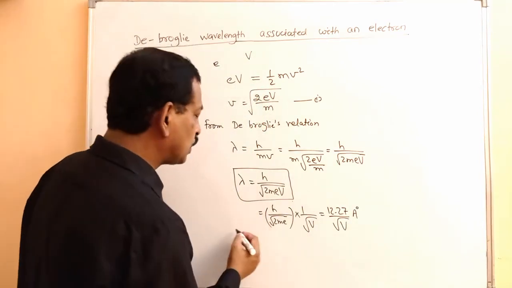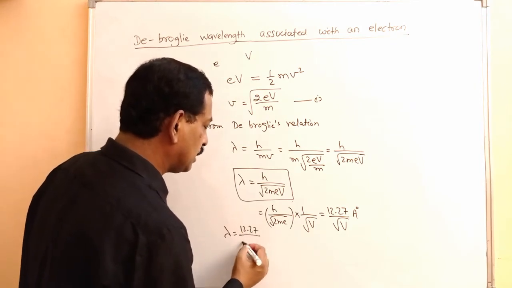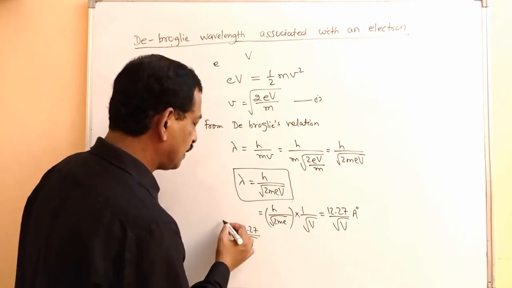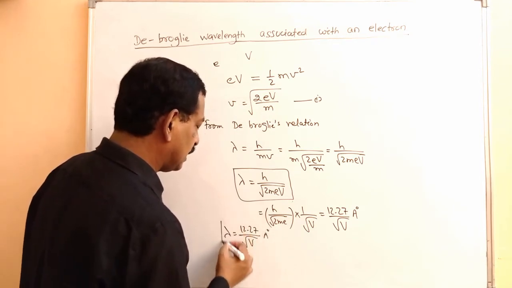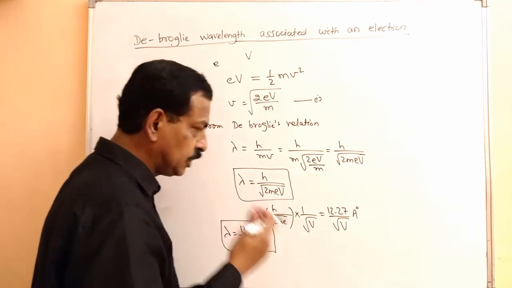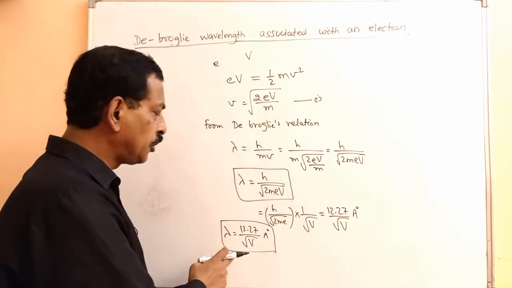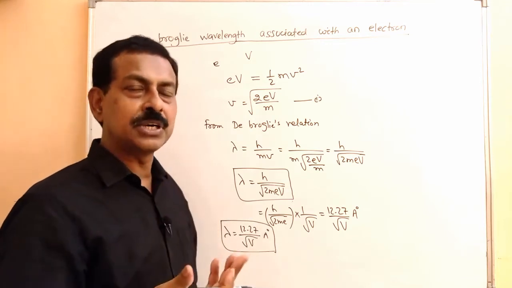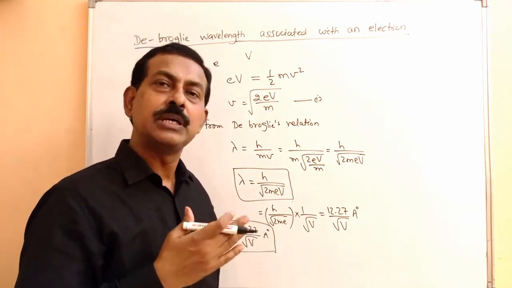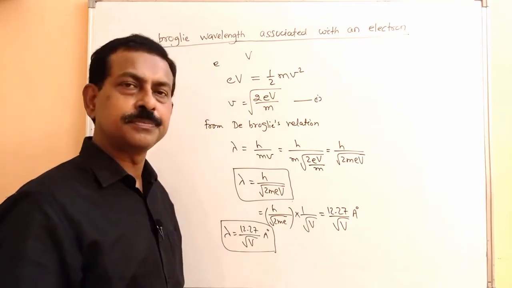So lambda you can use as 12.27 by root over V angstrom. This formula you can directly use for any numerical or problem where the wavelength of the electron is asked at different potential differences. So you can use this expression.